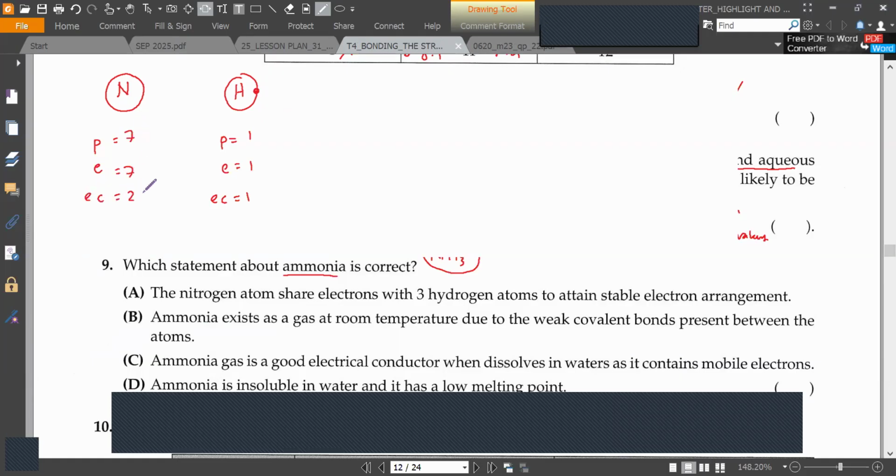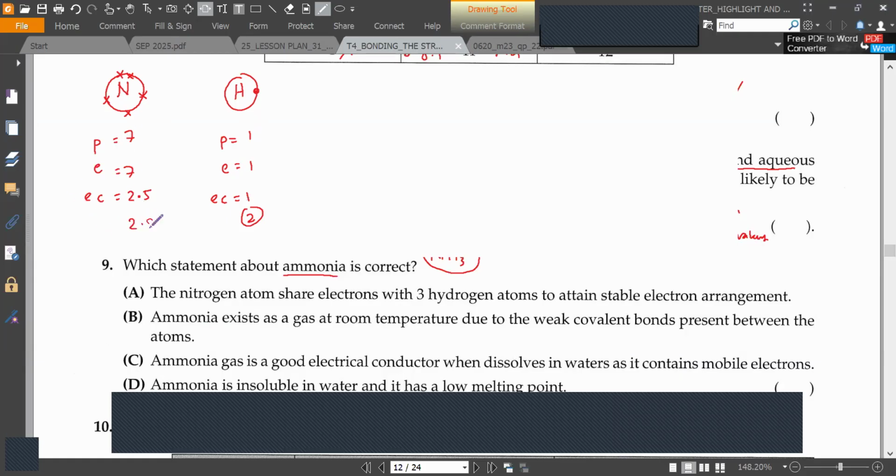Electron configuration 2,5 means 5 outer electrons. Hydrogen just needs to add one more electron to get an electron configuration of 2, which is a full shell.